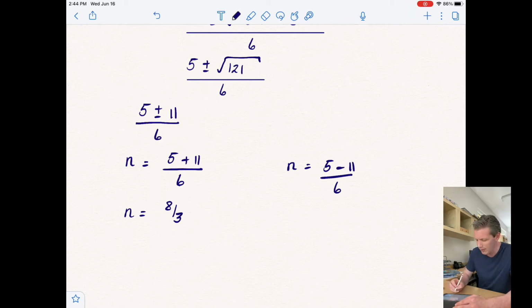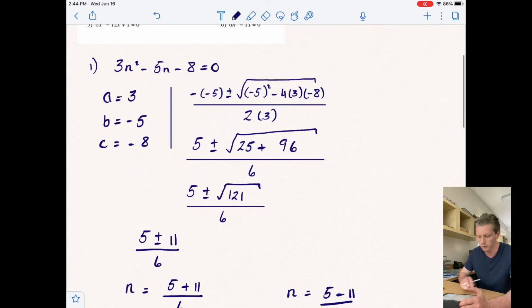And 5 minus 11 is negative 6, so I have negative 6 in my numerator and 6 in my denominator, that's negative 1. So my 2 solutions are n equals 8 over 3 or n equals negative 1.